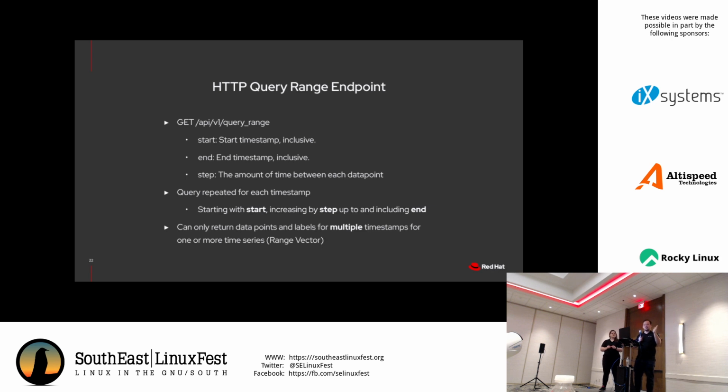It's really just doing that query with multiple timestamps. It does the start, it does the end, and then it does intervals in between specified by the step. And this endpoint is only allowed to return a range vector or to give you data from multiple timestamps.